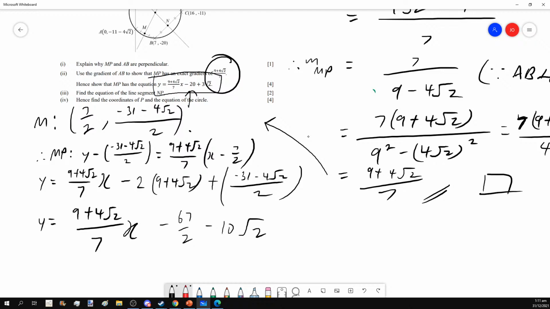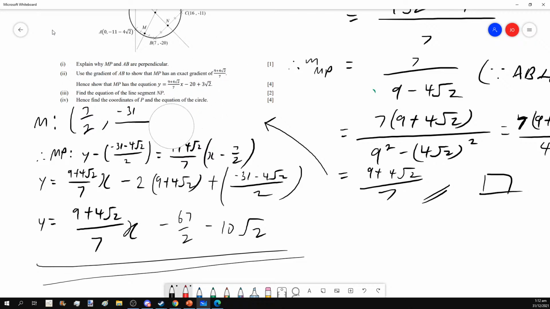It's also entirely possible, of course, that I simply made a careless mistake over here, but in the worst case scenario, all the steps are still correct. So I'm going to assume that there was a typo in the question. So this will be the equation of MP, right? So now that we have the following result, let me write it down somewhere. Right, so MP will actually be this guy, minus 67 over 2 minus 10 root 2, like so.